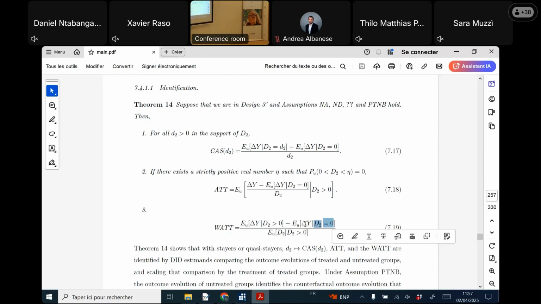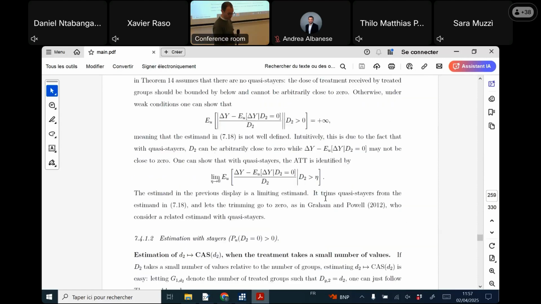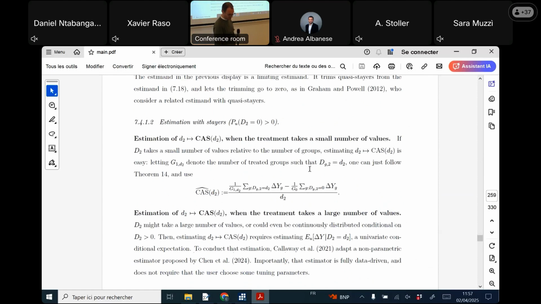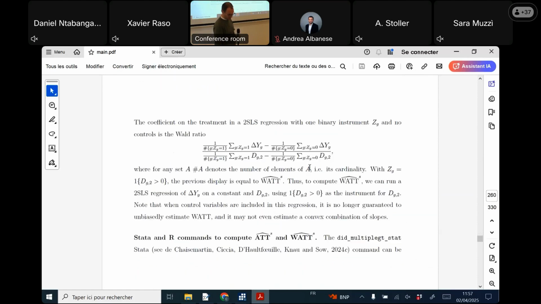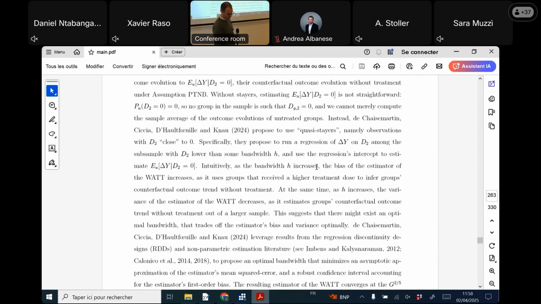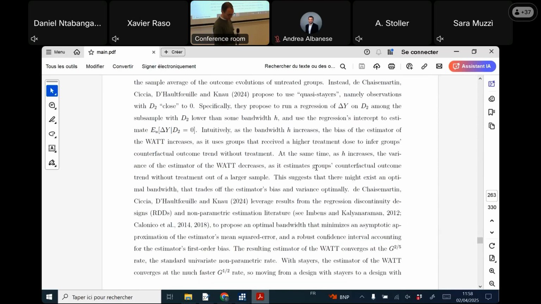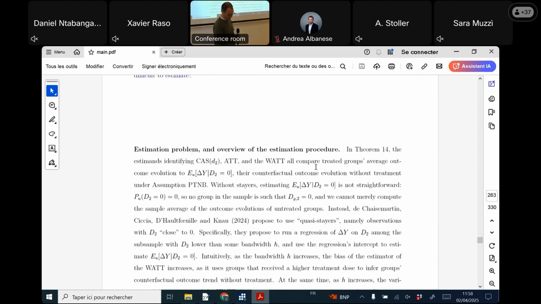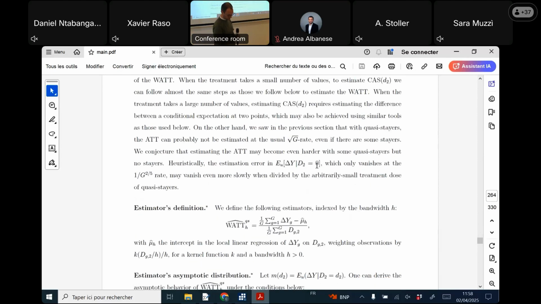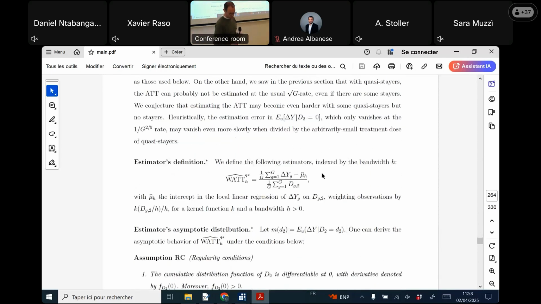We propose to exactly follow the literature on non-parametric estimation and RD designs in the context of heterogeneous adoption designs without stayers, but with quasi-stayers.